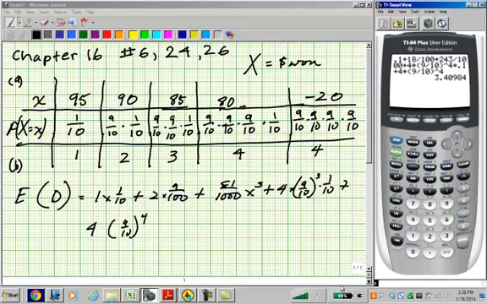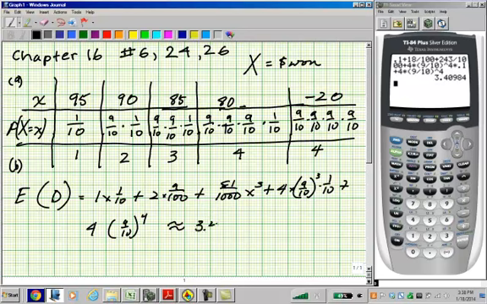So let's call it the expected, which is approximately equal to 3.41. Okay, now I'm going to check that real quick, make sure I didn't goof it up. Okay, 6A. Well, in the book they got 3.44.